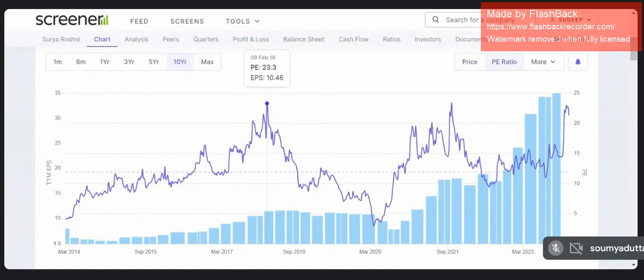See, again, what happened in 2021? It again went up. The PE again expanded to 23. If you know your fair value calculation, you know that it will again come down. See, again it is going up, and you know what will happen again.